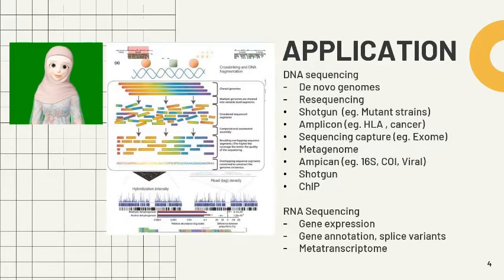Next I want to talk about the application in Sanger sequencing. Sanger sequencing, also known as chain termination sequencing, is based on the detection of labeled chain termination nucleotides that are incorporated by a DNA polymerase during the replication of a template.